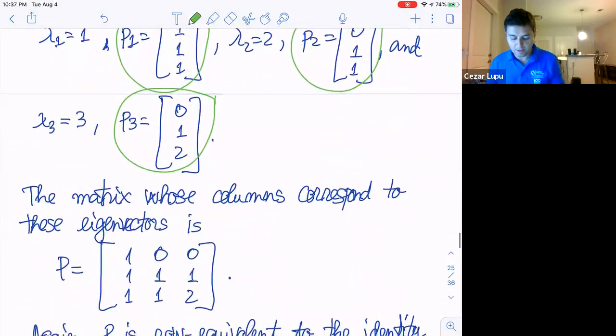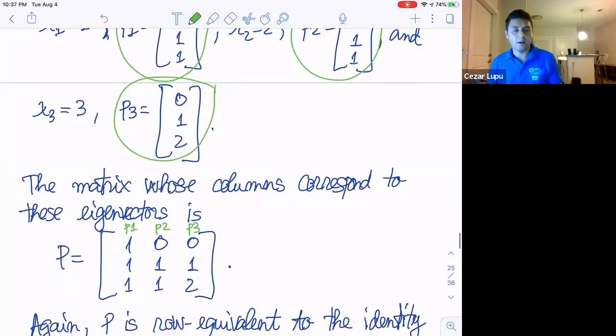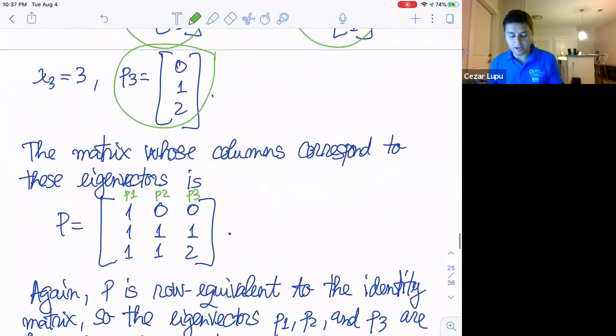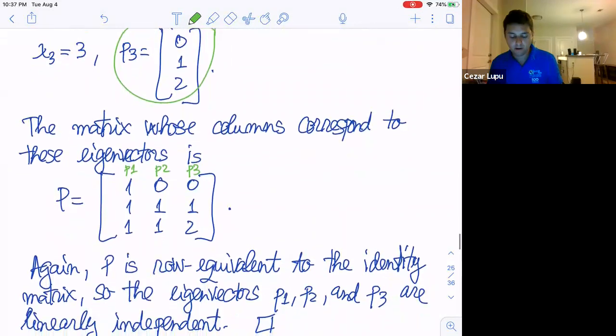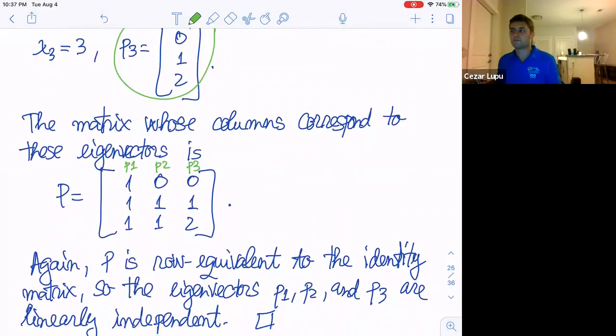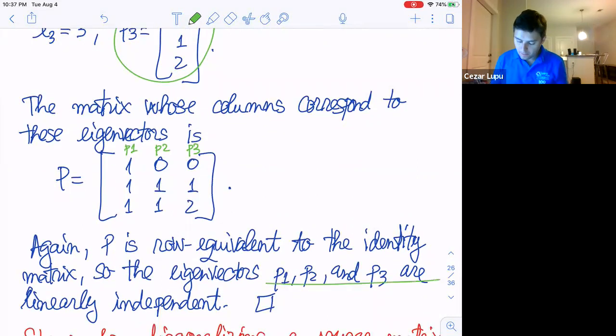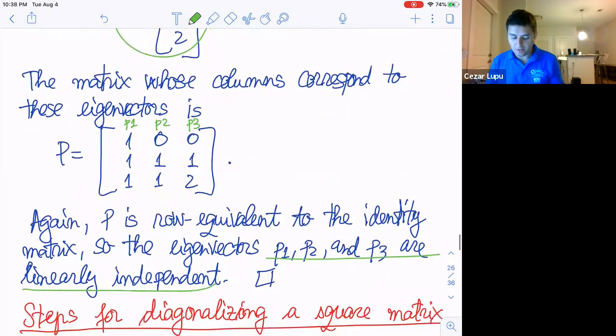So this is P1 here, P2, and P3. Again, P is row equivalent to the identity matrix, so the eigenvectors are linearly independent. It's the same story.